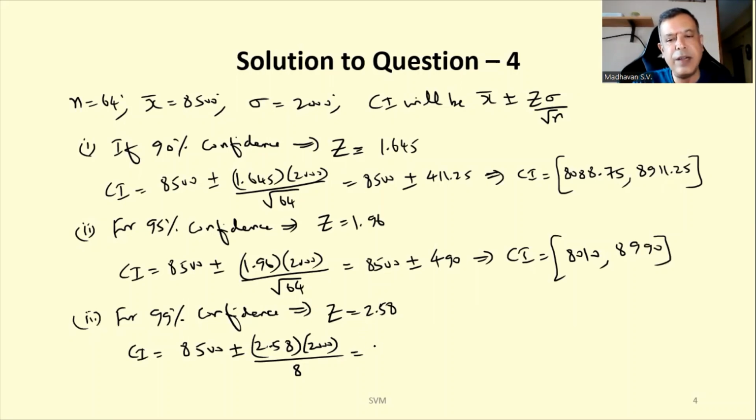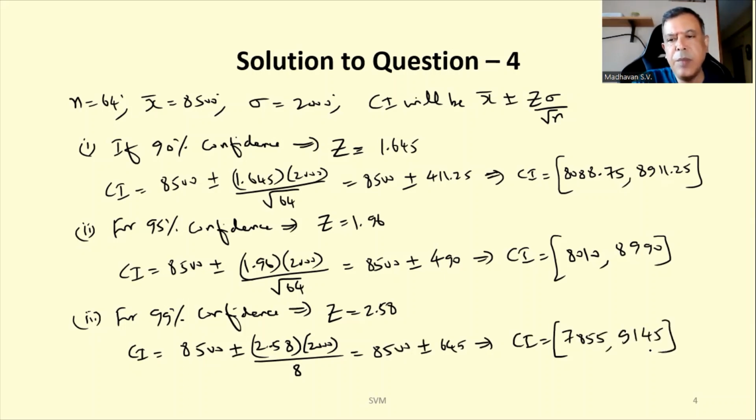So if we evaluate that, 8 into 2000 divided by 8, we get plus or minus 645, which means our confidence interval lower limit is 7855 and the upper limit will be 9145.